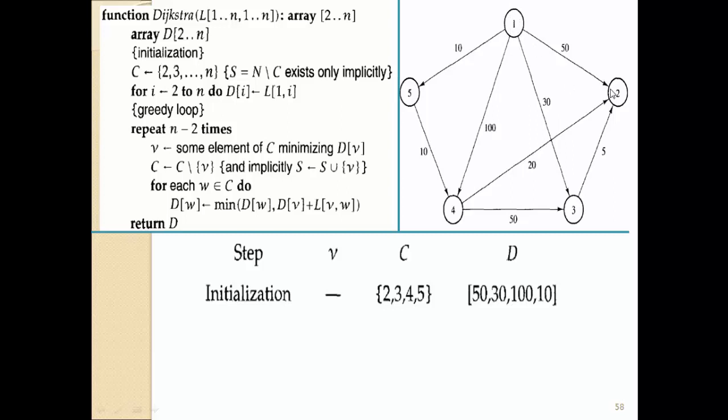It means that all the remaining nodes, 2, 3, 4 and 5, are destination nodes. It means that we have to identify the shortest path from 1 to 2, 1 to 3, 1 to 4 and 1 to 5, for all the remaining nodes, so it is known as the one source shortest path algorithm. There is one source node and all the remaining nodes are destination nodes, and we have to identify the shortest path for all of them.